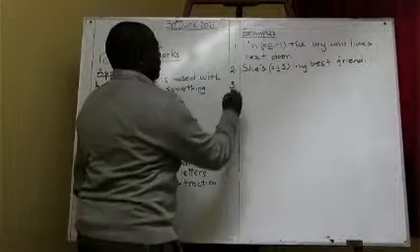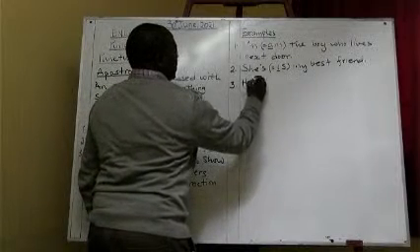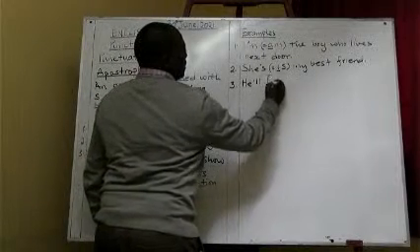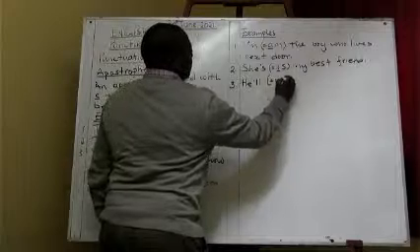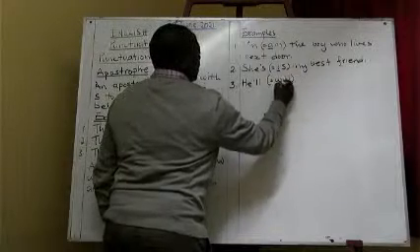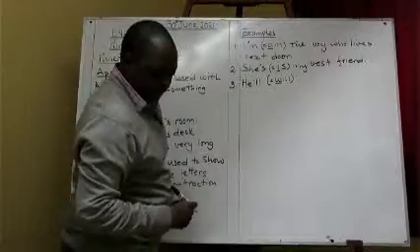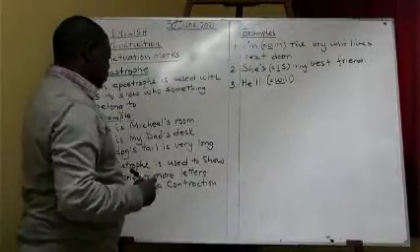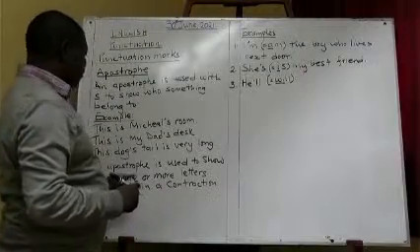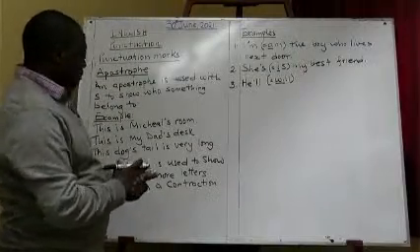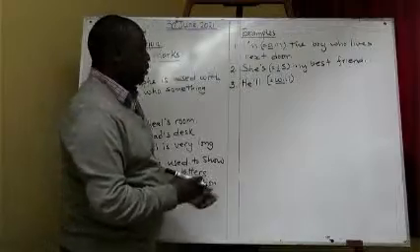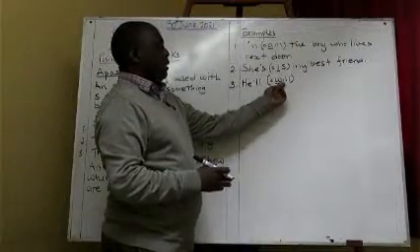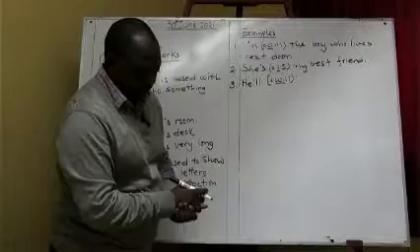We'll look at another example. He will. Since we said that an apostrophe can also be used to show where one or more letters are missing in a construction, if you see there will, there is more than one letter.